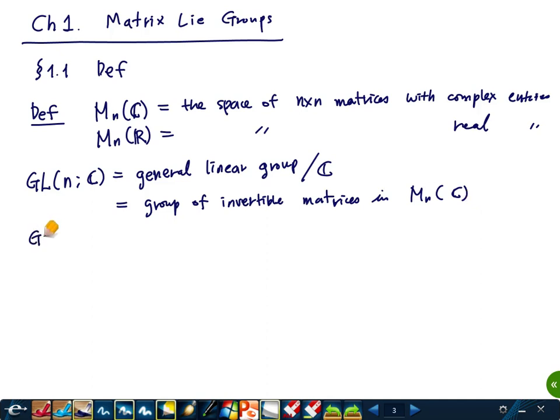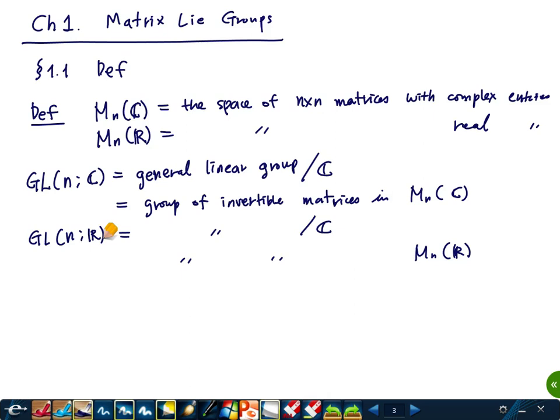And similarly, we can consider GL n R, the general linear group. Everything is the same, except we use real numbers. I don't think we use fields other than R and C, so it shouldn't be that complicated.